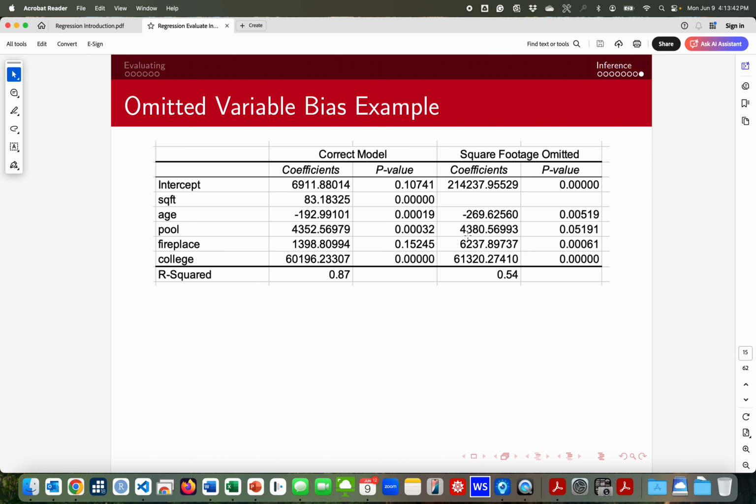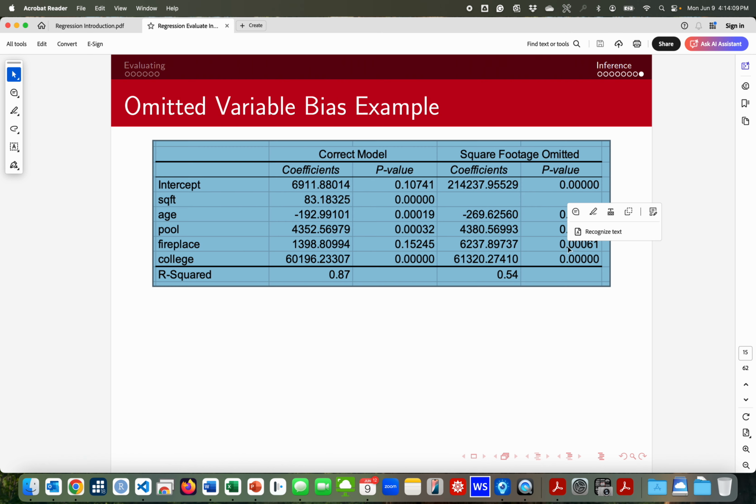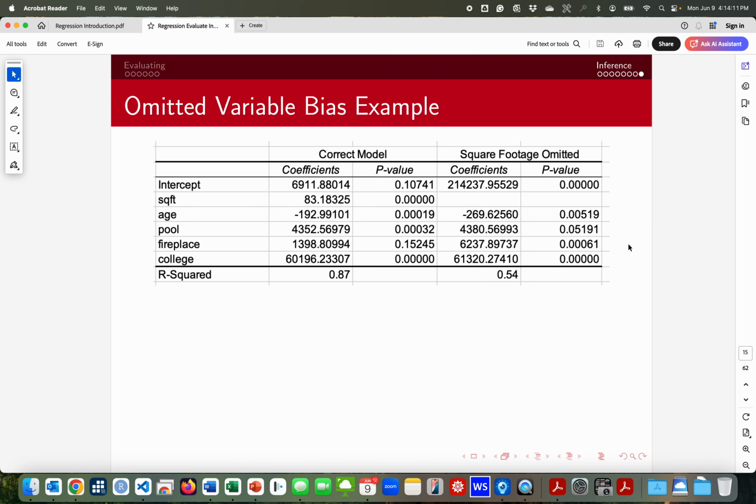But look at fireplace. This is the biggest difference. When we include square footage in the regression, the effect of a fireplace is about $1,400, and it's not statistically significant. So there's no statistically significant relationship between fireplace and the price of a house when we include square footage. When we omit square footage, the coefficient on fireplace is now 6,237 and highly significant.